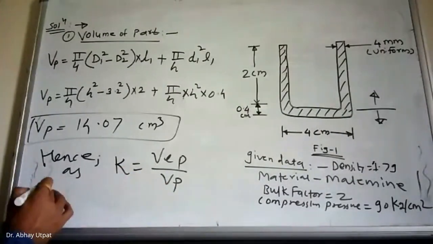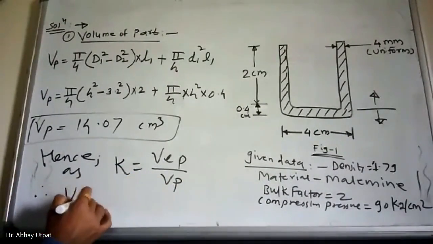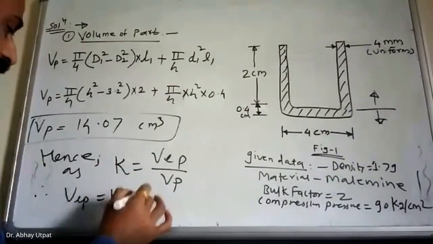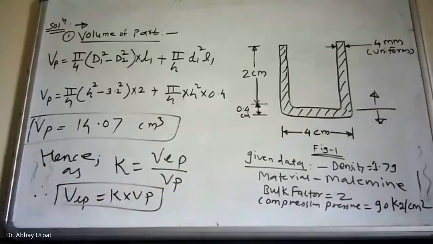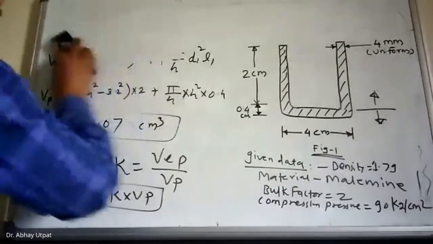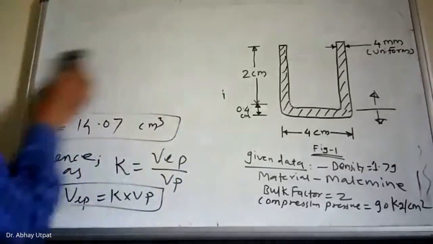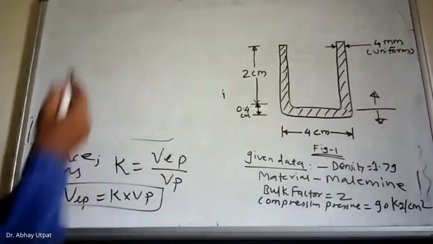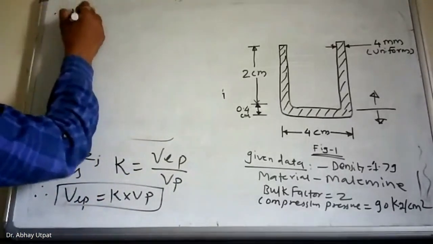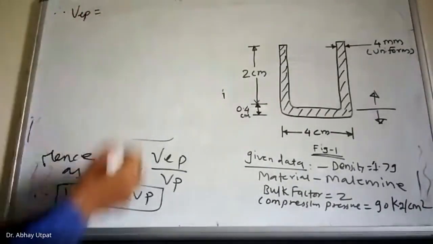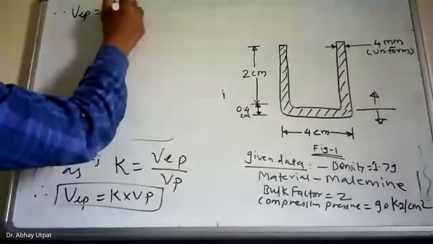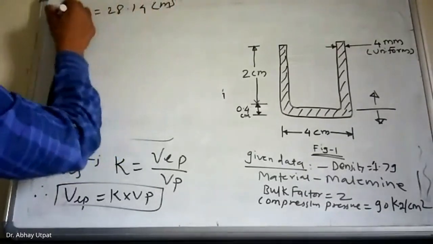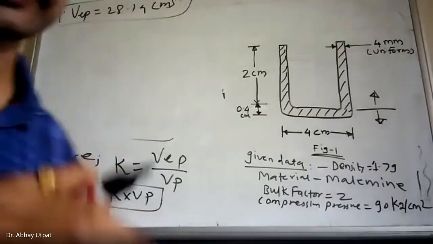K is given as 2. So, volume of loose powder is equal to K into VP, which is 2 into VP. That is 28.14 centimeter cube. Volume of loose powder we have calculated.